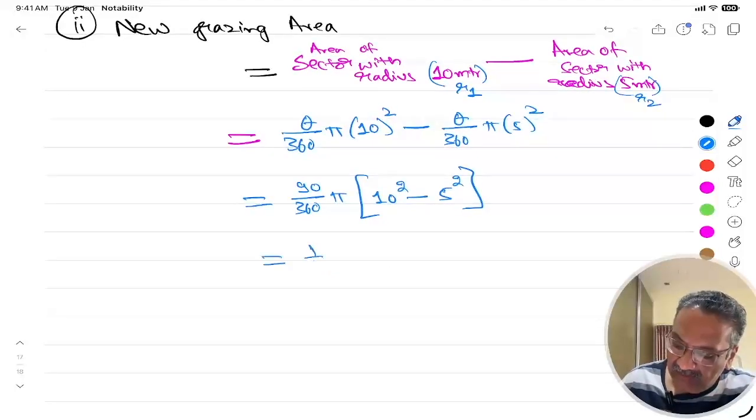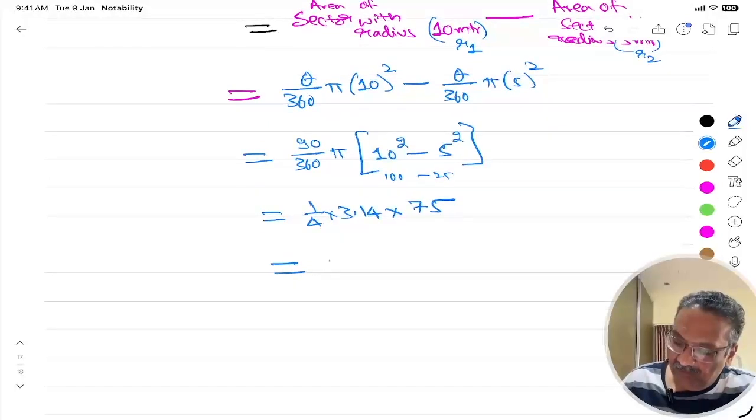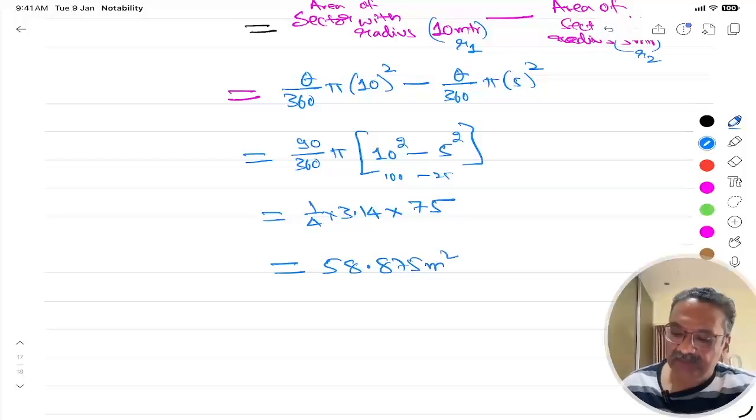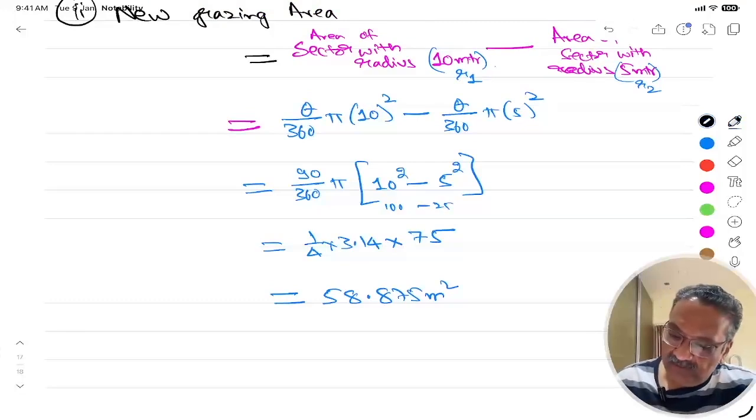Or I can say 1/4 of pi, which is 3.14, into 100 minus 25, which is 75. This comes out to be 58.875 meter square.